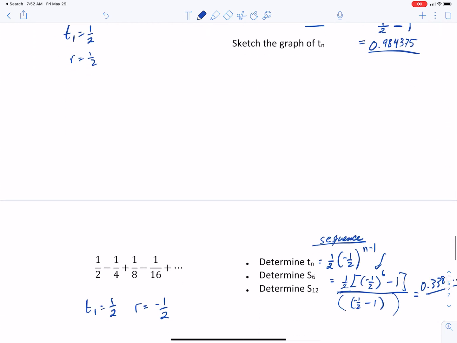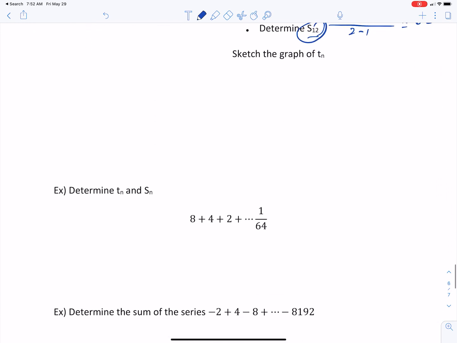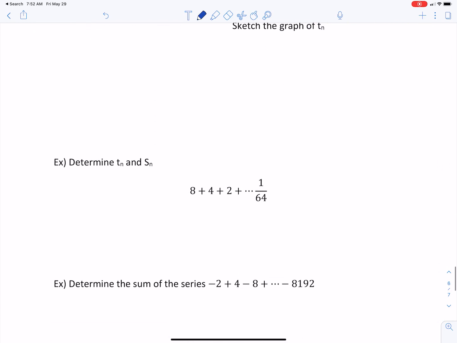So make sure you have that handy because we're going to be using that guy down here. So let's just write it out here. The sum of n terms is r times Tn minus T1 over r minus 1.